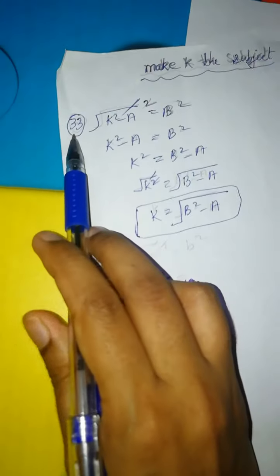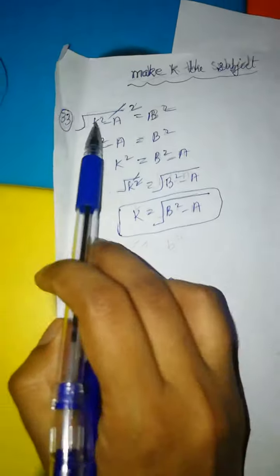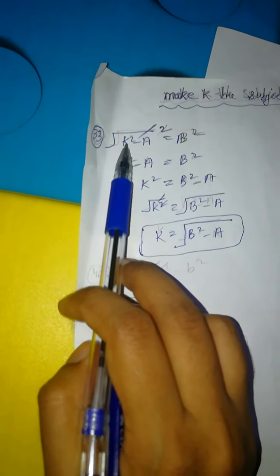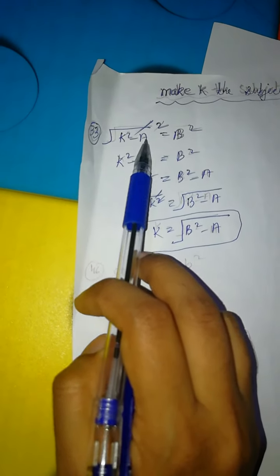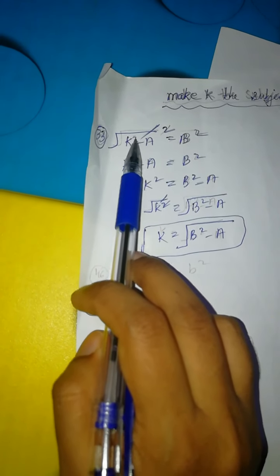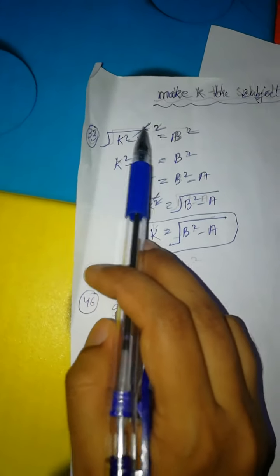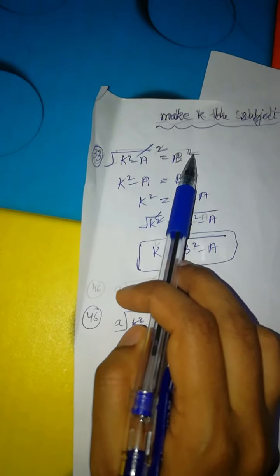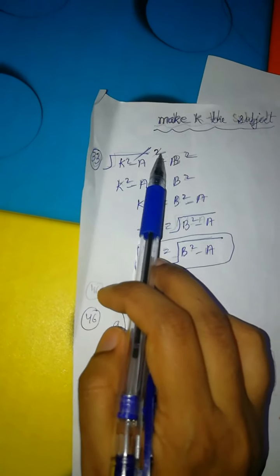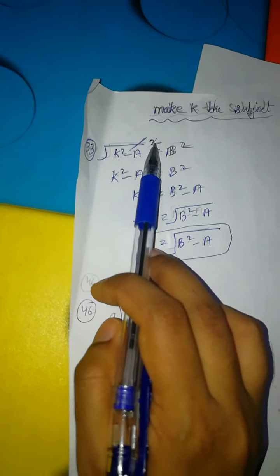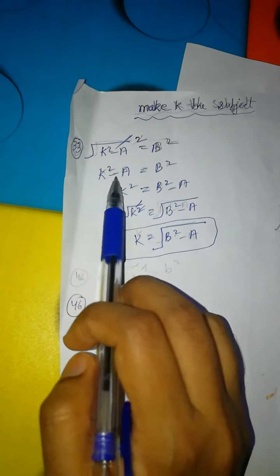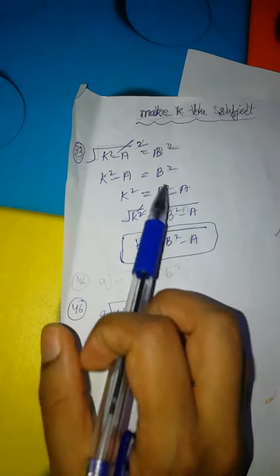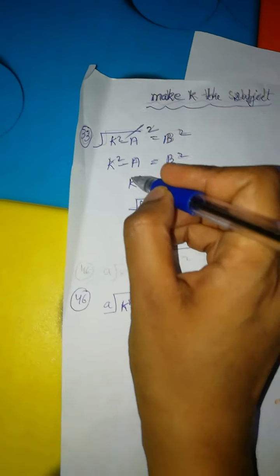Now question 33. Same as I told you before. See, the question is the square root of x minus a equals k square minus the square root of b. To remove the square root we have to put a square. If you are putting a square to this side, you have to put a square to this side. So now the square root and square are cancelled. Now what is left? X minus a is equal to k square minus b. Now we have to make k the subject.